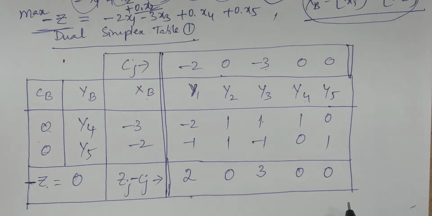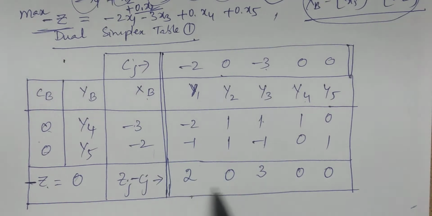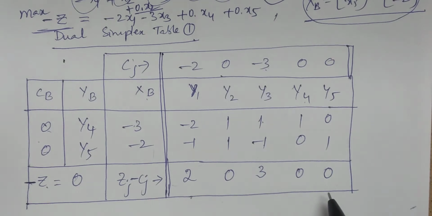So which means now you have to go for step 5, after step 4, initial solution and forming the simplex table. In step 5, observe the sign of xbi and observe the sign of Zj minus Cj. These are the two things you have to do.